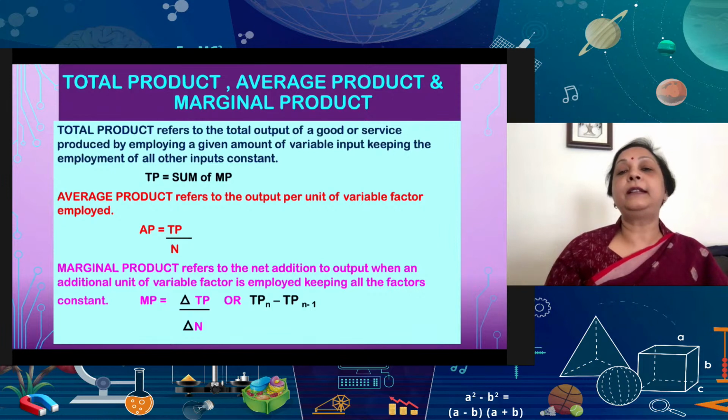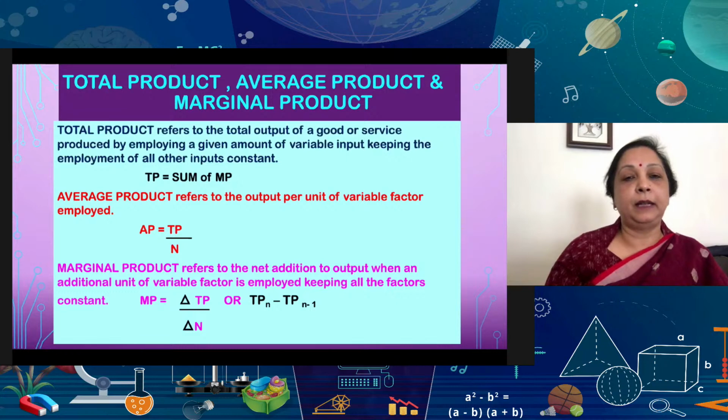So total product is a total output. So what does total output mean? And if you look here, I'm saying total output of a good or service produced by employing a given amount of variable factor.